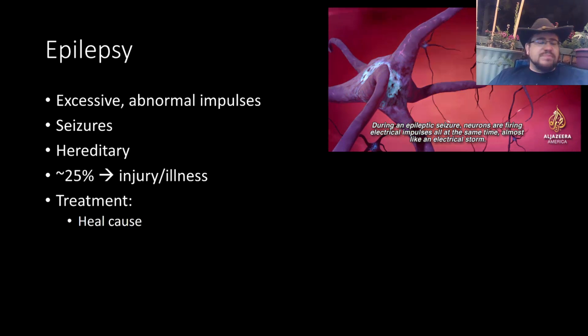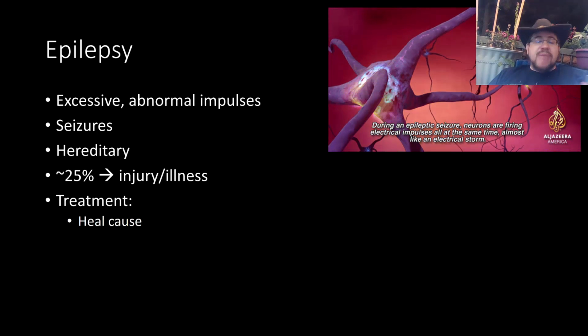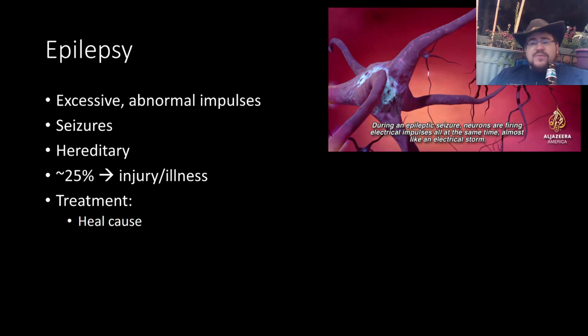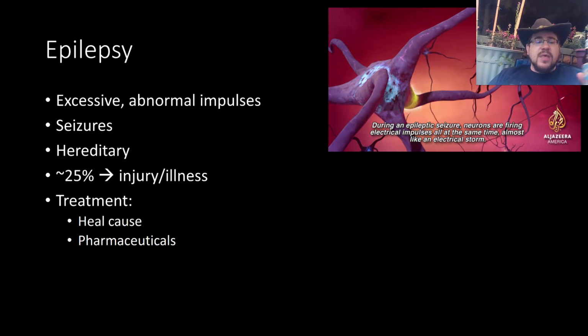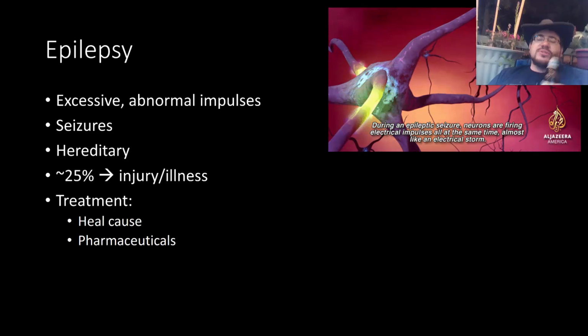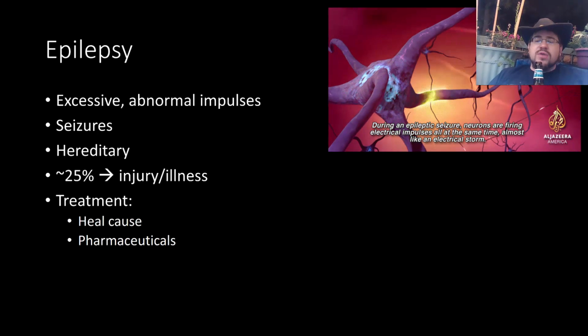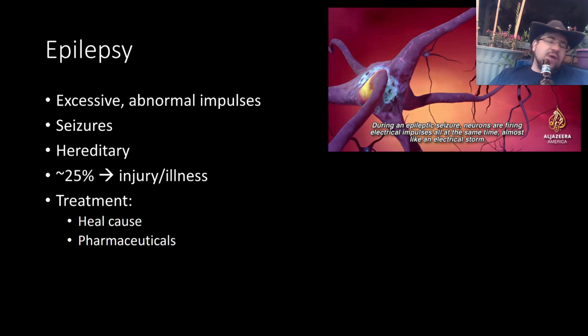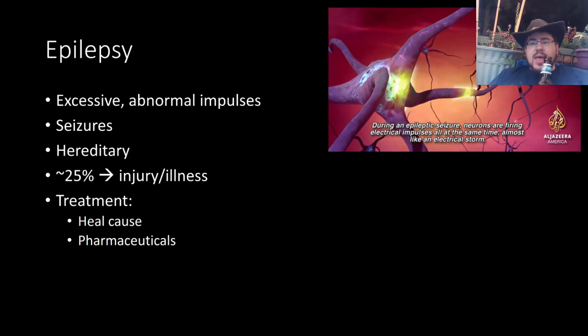This sucks because basically, if you have a direct cause, you may be able to heal it. If you don't have a direct cause, like say it's hereditary epilepsy, you rely on pharmaceuticals to help prevent those neurons from going crazy and constantly firing off electrical impulses randomly all the time.